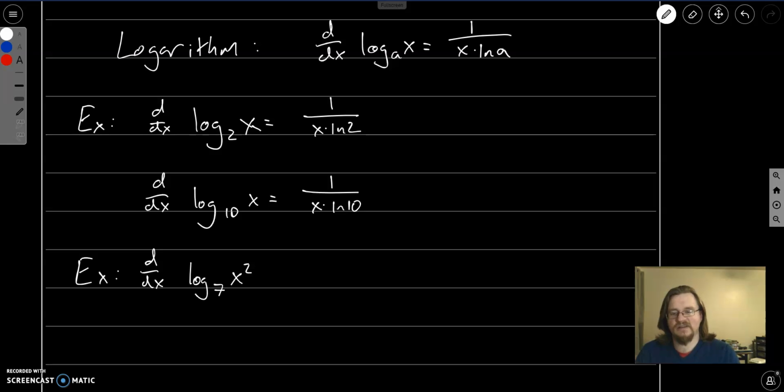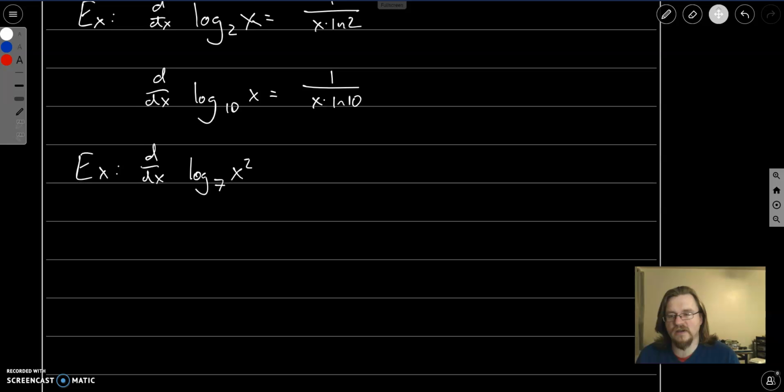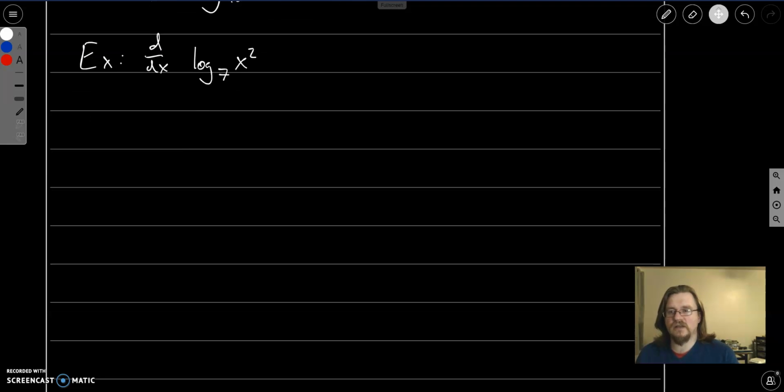So here I've got the log base 7 of x squared, and I want to take this derivative. So again, what we'll notice is that we have a chain rule going on. I have the log base 7 of x. This is sort of the outside function here, but on the inside I'm plugging in an x squared instead of an x. So I've got my outside function, I've got my inside function.